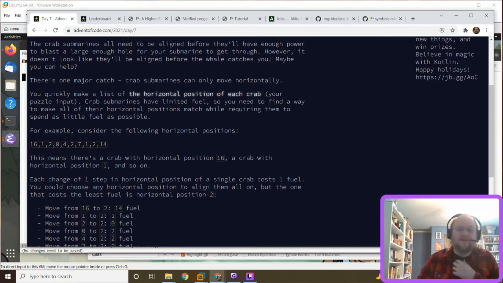Okay. We have a horizontal position of each crab, and we need to find a way to make all of their horizontal positions match while spending as little fuel as possible.